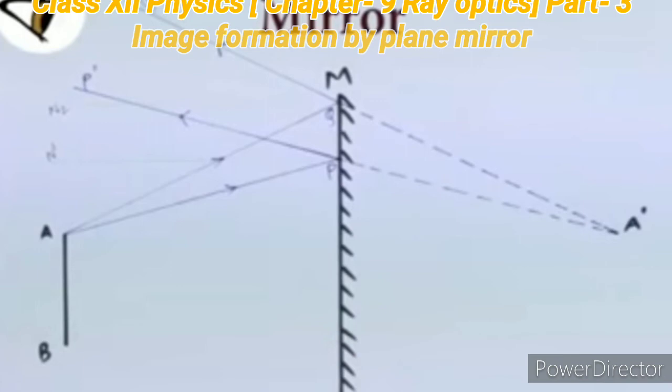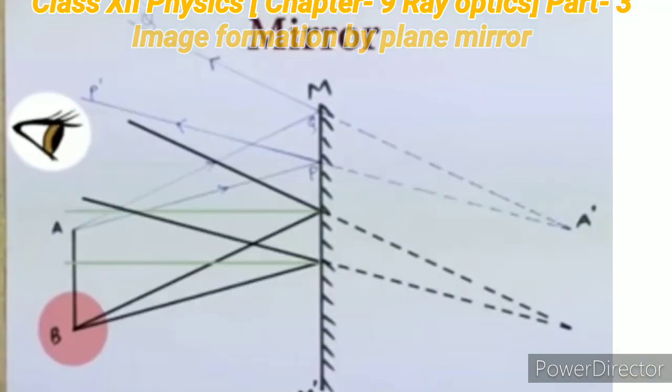As A dash is just a point, it is referred to as the point image. A dash is virtual, as these rays do not actually meet but appear to make A dash when produced backward.